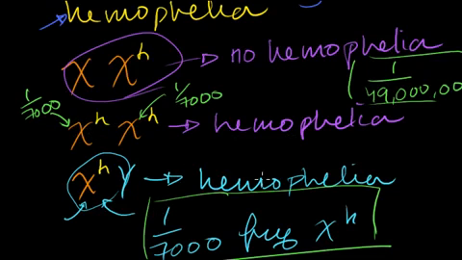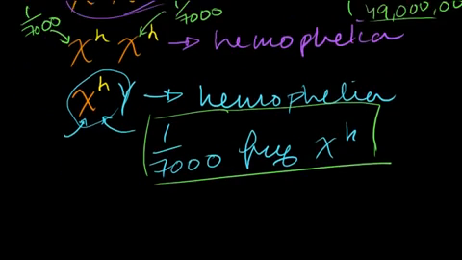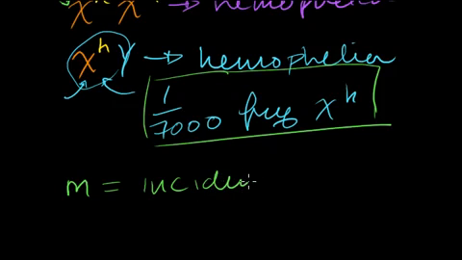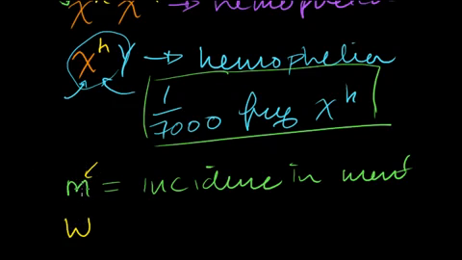So let's say that M is the incidence in men. Then the incidence in women will be what? You could view this as the allele frequency of that mutation on the X chromosome. So women have to get two versions of it. So the woman's frequency is M squared.